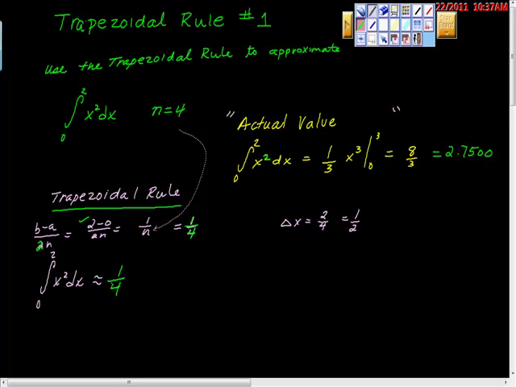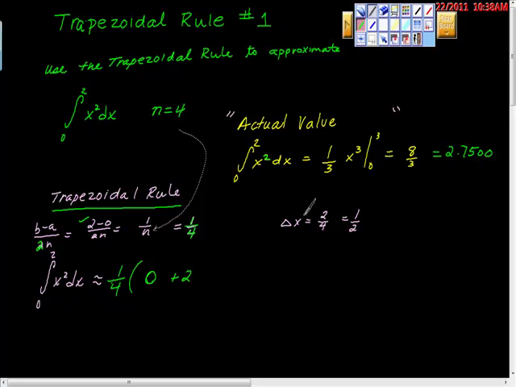And this 1/4 is our multiplier here. And then we're supposed to remember that there's this pattern, and the pattern goes 1, 2, 2, 2, all the way to the second to the last term, which is still 2. The last term has a coefficient of 1. So we take the first value, which is 0, plus 2.